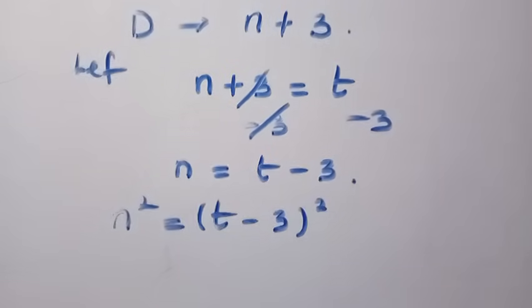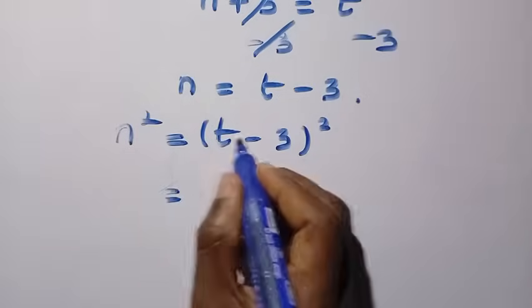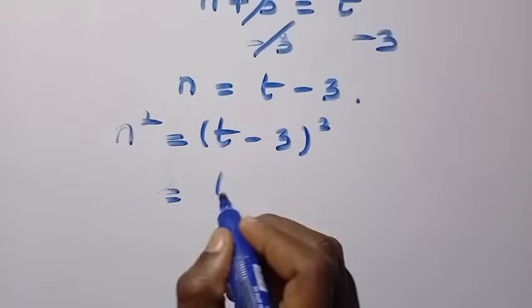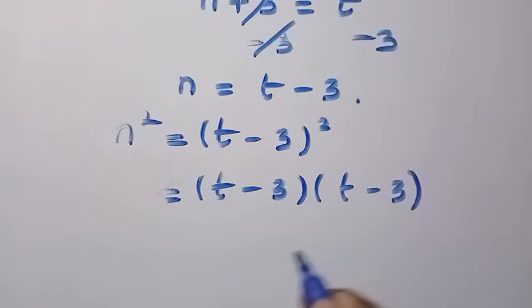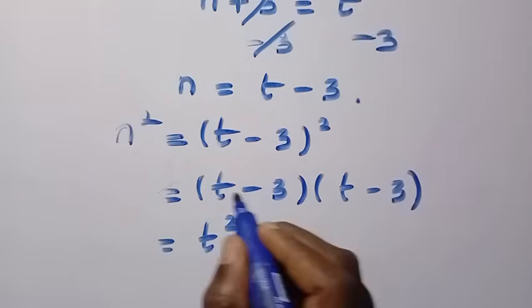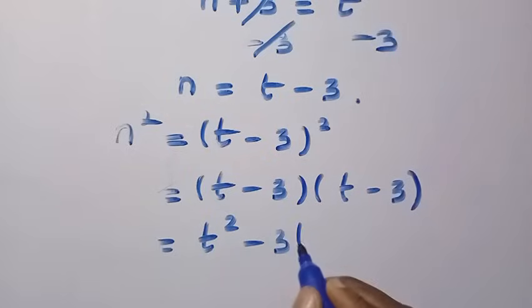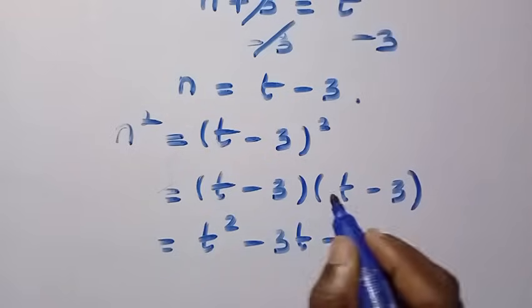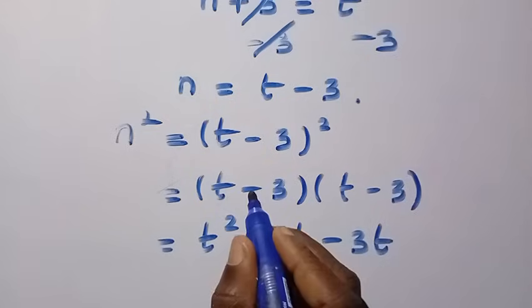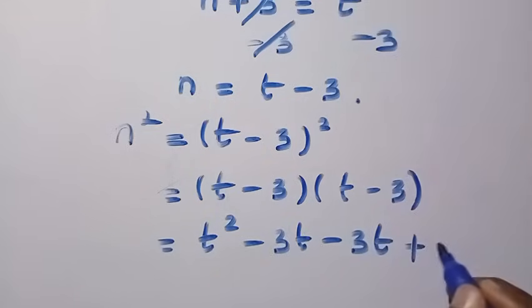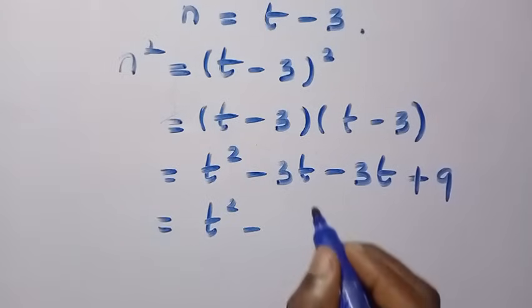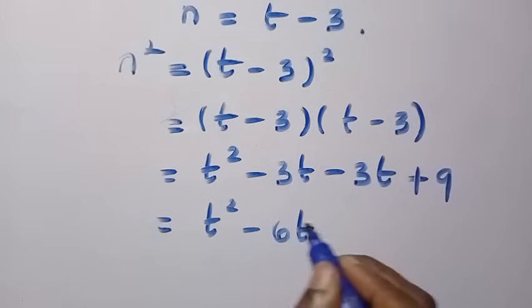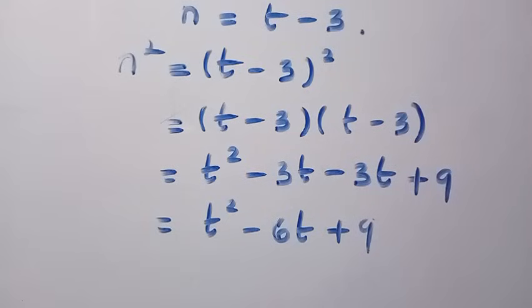And by expanding this out, we multiply t minus 3 by t minus 3. t times t is t squared, minus t times 3 is minus 3t, minus 3 times t is minus 3t, minus 3 times minus 3 is plus 9. And the whole of this becomes t squared minus 6t plus 9.